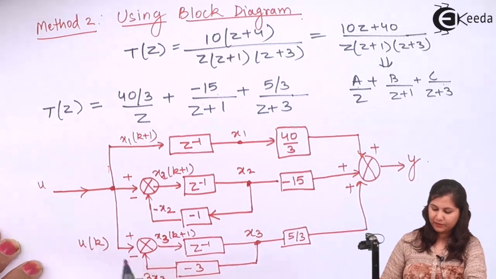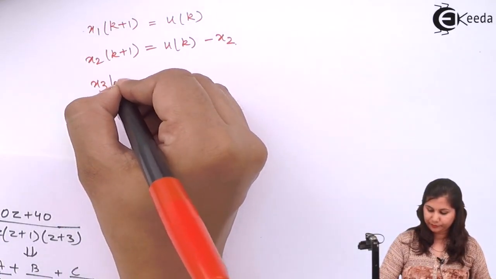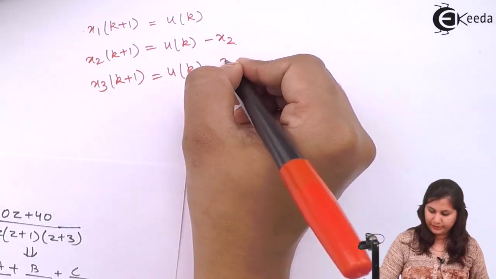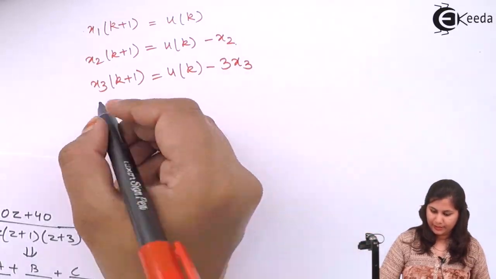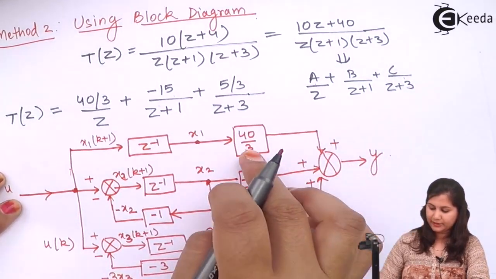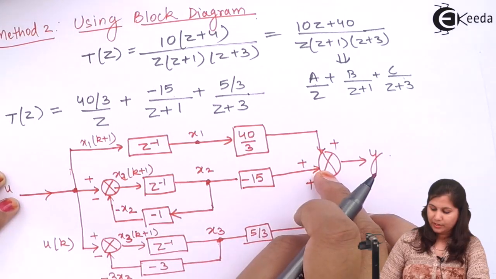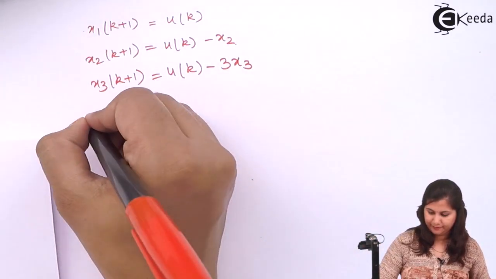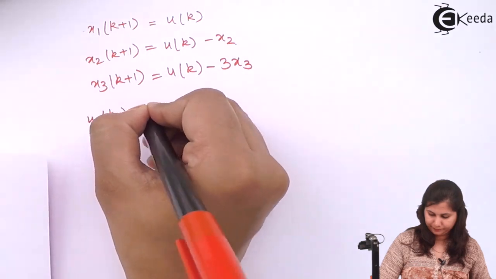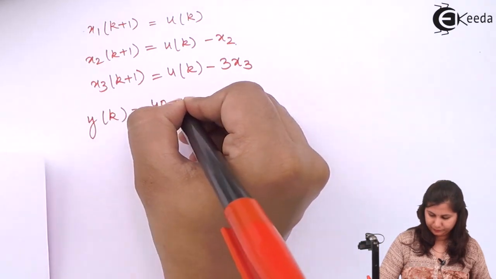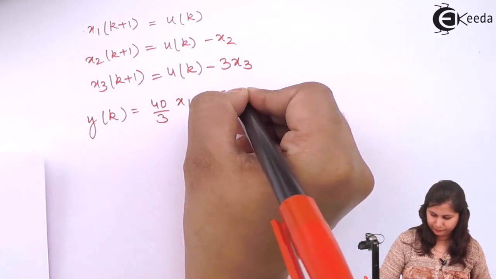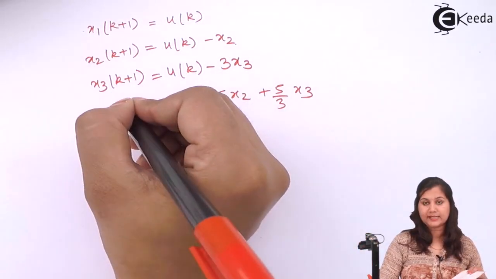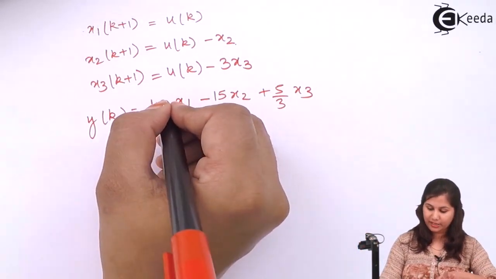So x3 k plus 1 is uk minus 3x3. And our output yk is 40 by 3 x1 minus 15 x2 plus 5 by 3 x3. Now using these four equations, we can derive the state model.